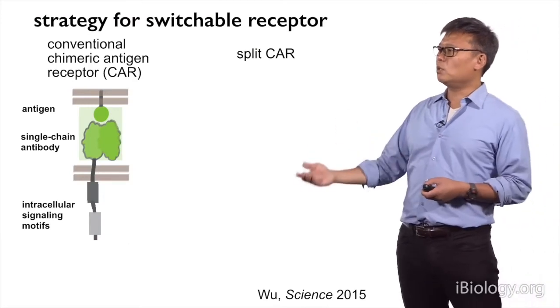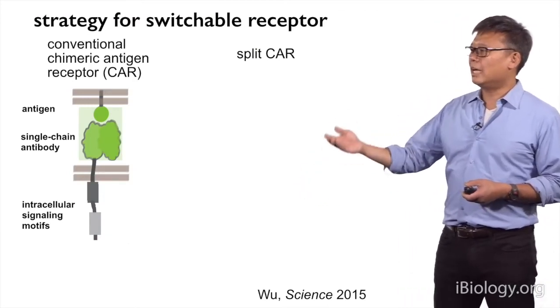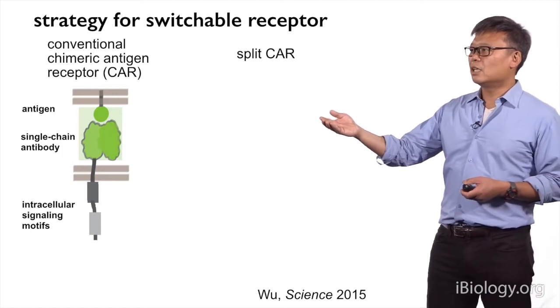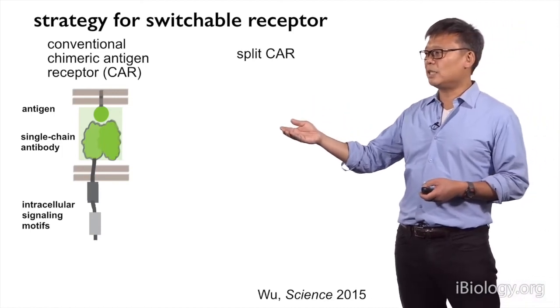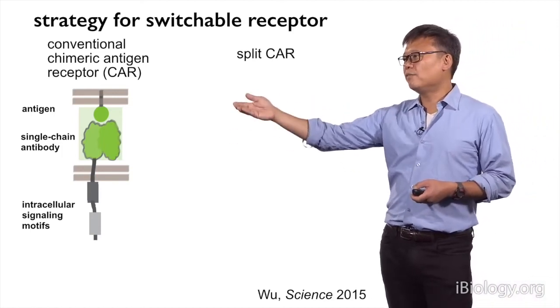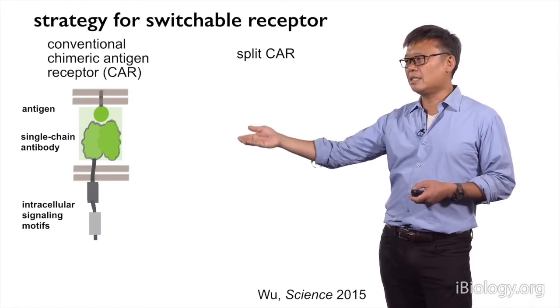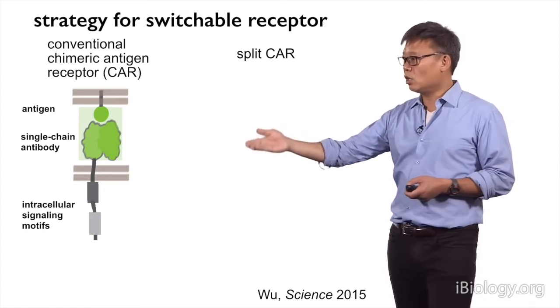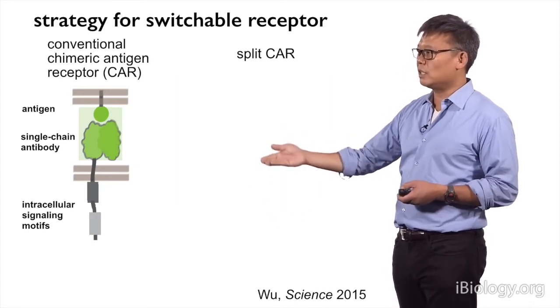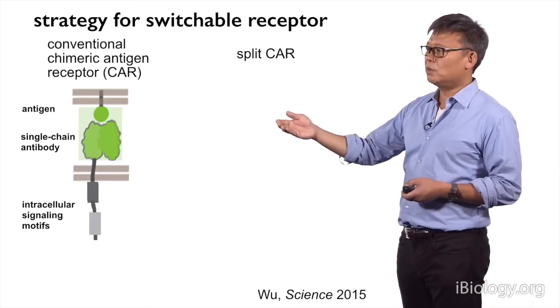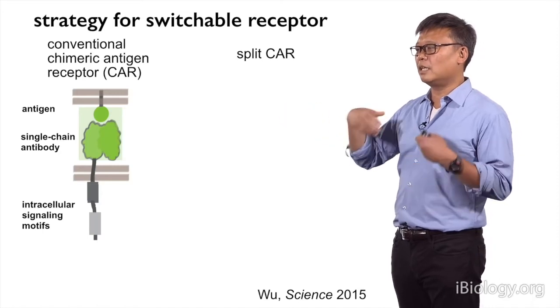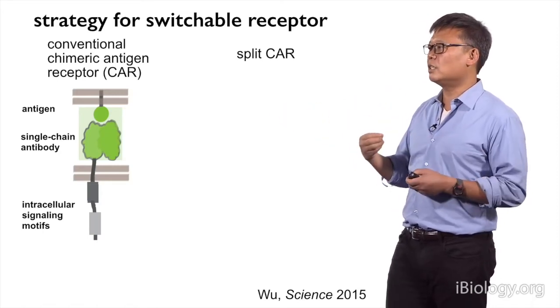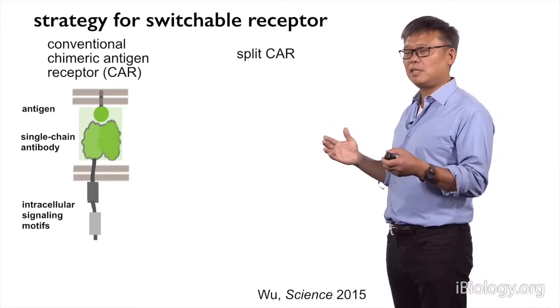And so Chia Wu, a postdoc in the lab, has been doing studies at trying to build switchable chimeric antigen receptors. So this is the conventional chimeric antigen receptor that, of course, has an extracellular antibody that recognizes a tumor antigen, then also has these intracellular signaling motifs. What we decided to do was to ask, could we actually build an additional switch into this receptor by creating a split version of it?